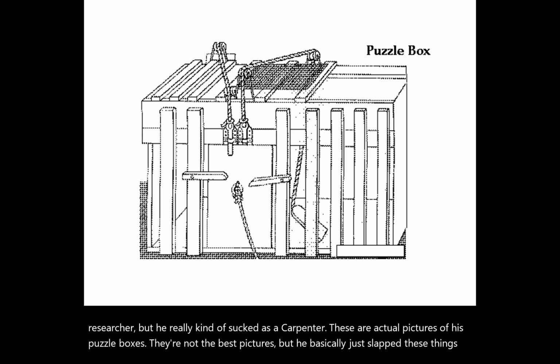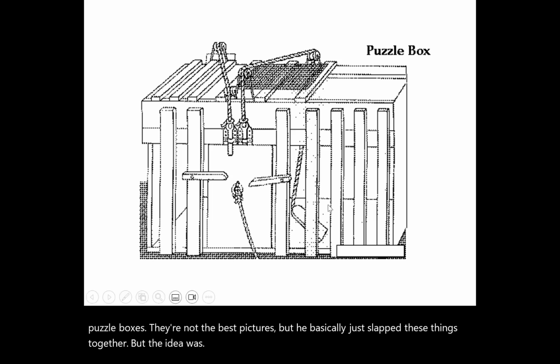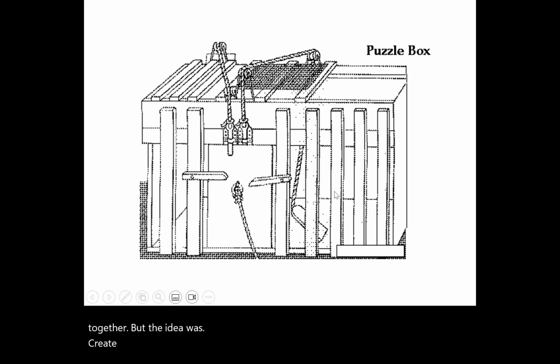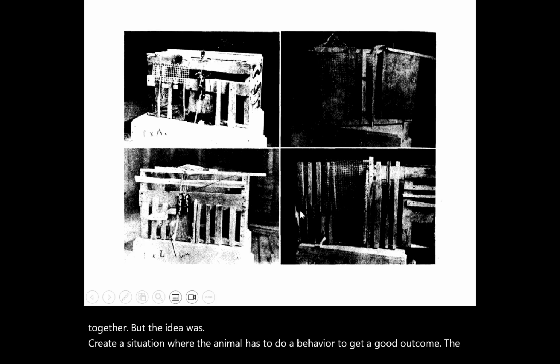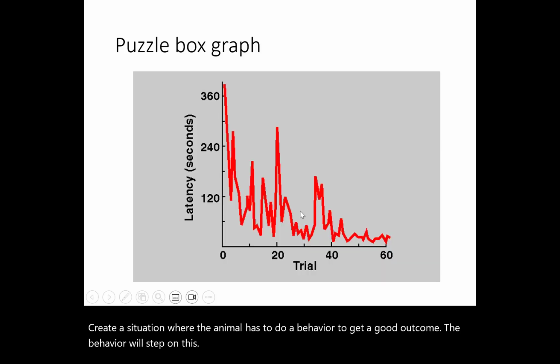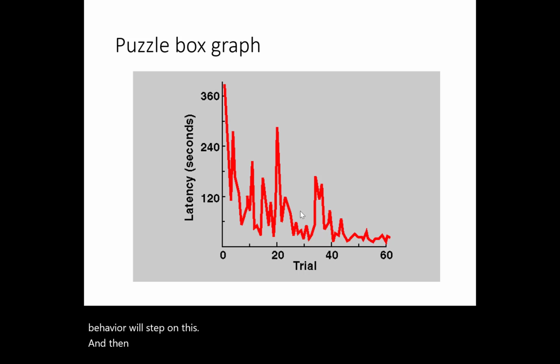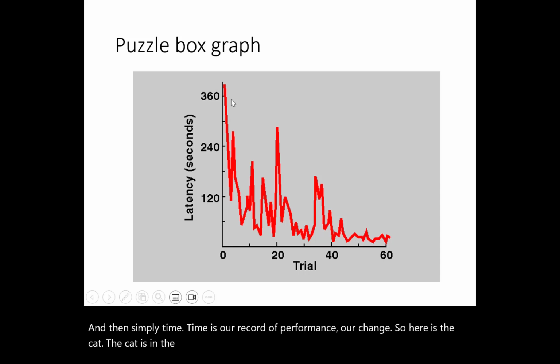But the idea was to create a situation where the animal has to do a behavior to get a good outcome. The behavior was step on this. And then simply time. Time is our record of performance, our change. So here is the cat. The cat is in the box on the very first trial.